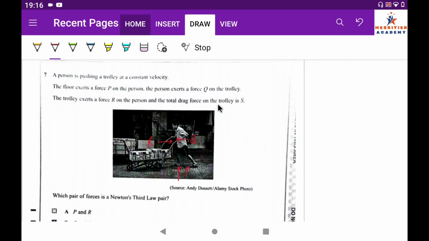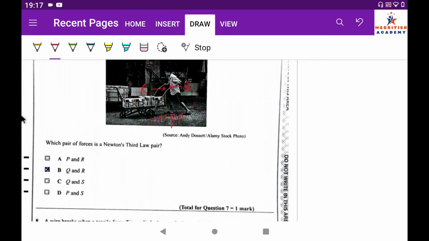And the total drag on the trolley is S. Which pair of forces is a Newton's third law pair? Let me draw. This is force P. This and this are repelling each other. So from here Q and R is the Newton's third law pair.